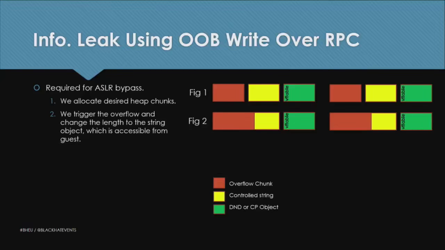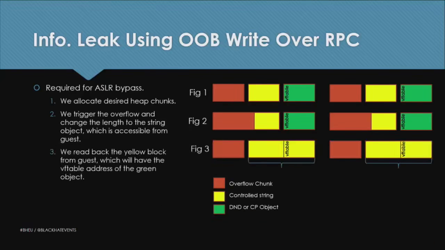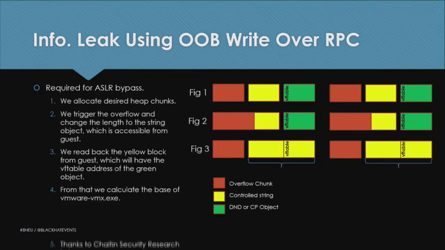When the length is modified and we read back the string from the guest operating system, what we'll have is the vftable address of the DNDCP object. Once we have the vftable address of VMware VMX, we can easily find the base address of VMware VMX, craft our ROP gadgets and perform exploitation.